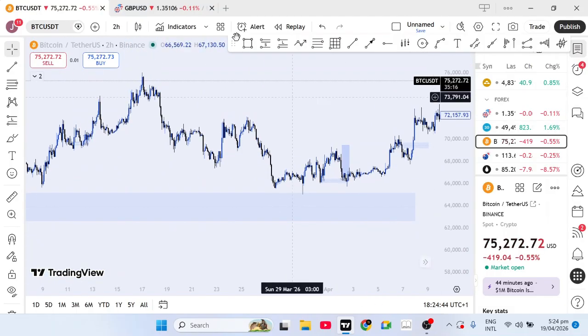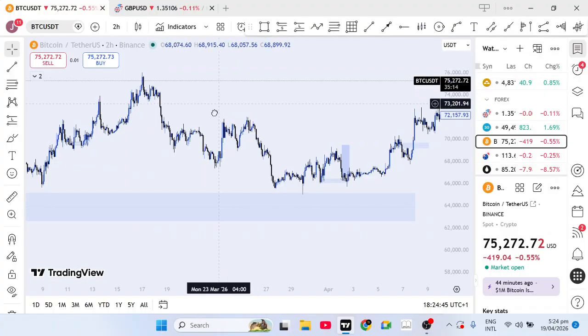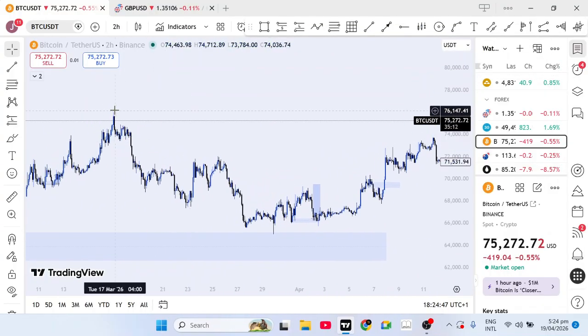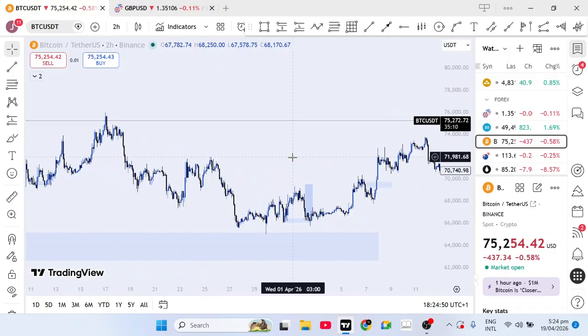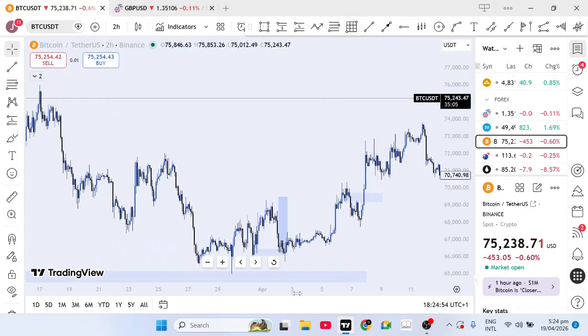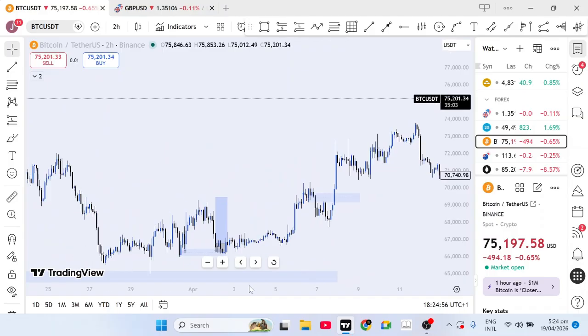I think it took the previous high, yeah, it took the previous high. So this is the trade I was anticipating on BTC that didn't go well. I think that was the only trade I took 2 weeks ago, and that was it for BTC.